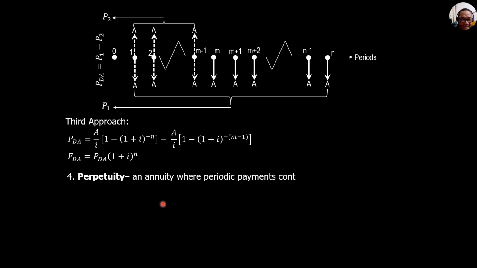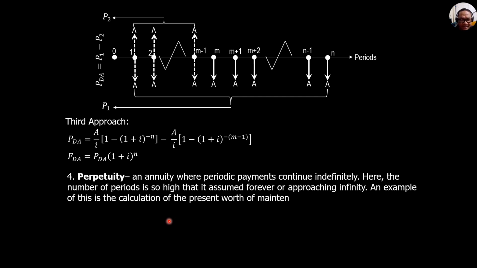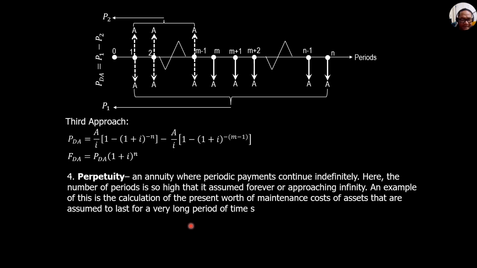So we define this as an annuity where periodic payments continue indefinitely. Here, the number of periods is so high that it is assumed forever or approaching infinity. An example of this is the calculation of the present worth of maintenance costs of assets that are assumed to last for a very long period of time, such as bridges, railways, and dams, and so on and so forth.